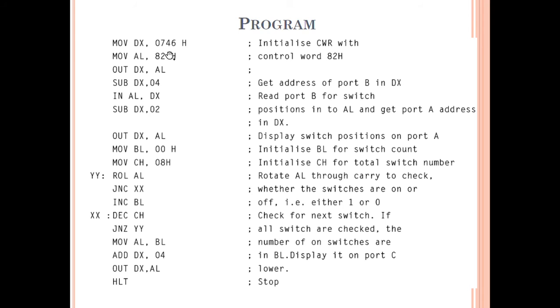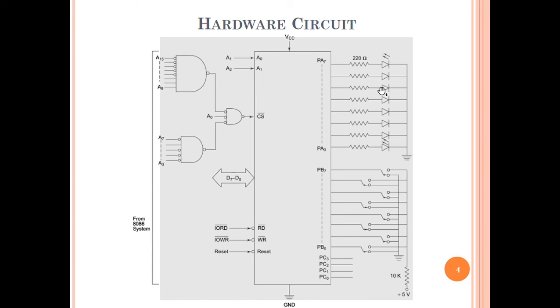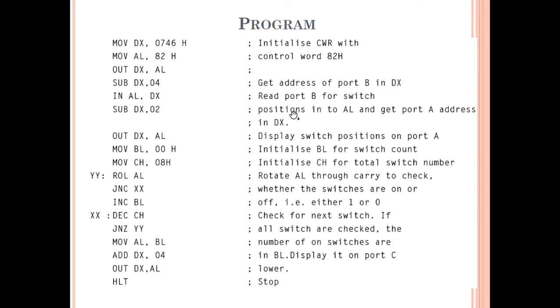We need 8 bits inside the register, and those 8 bits are 82. We give it by writing this OUT. So in the register we have our control word 82, and accordingly the 8255 in port A will act as output, in port B as input, and port C as output.